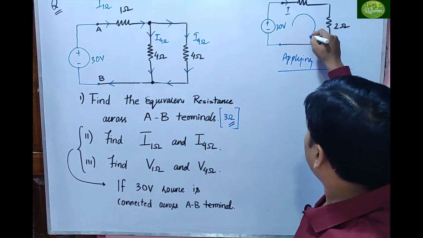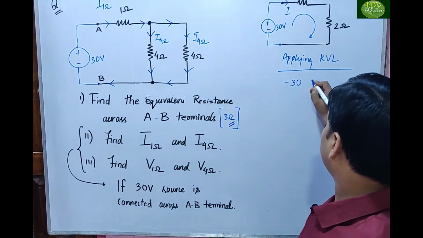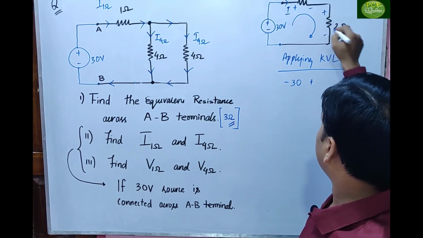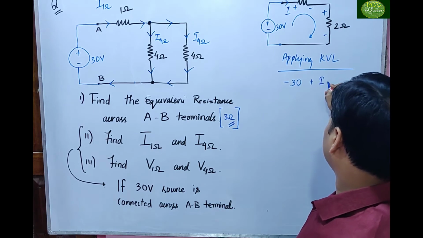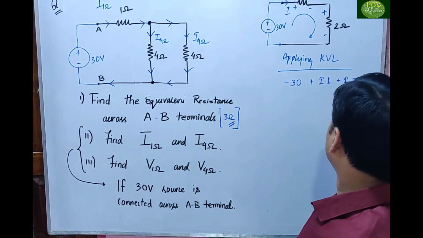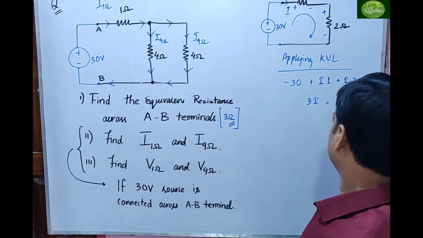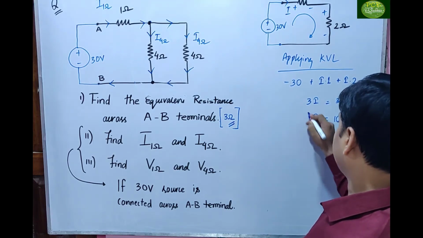What we'll get? Applying KVL, minus 30 plus, this will be plus, minus, minus. So it will be plus I into 1 plus I into 2 equals to 0. So 3I equals to 30, I equals to 10 ampere.